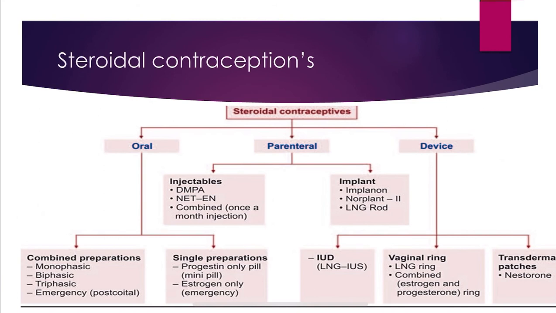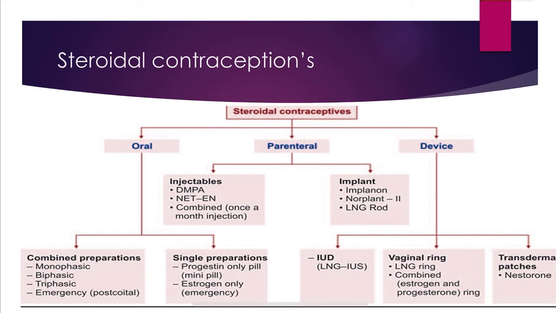The implants are Implanon, Norplant 2, LNG rod. So guys, injectables are DMPA, NET-EN, and the combined, taken as a once a month injection. These are the DMPA injection and NET-EN injection. Implants are Implanon, Norplant 2 and LNG rod.